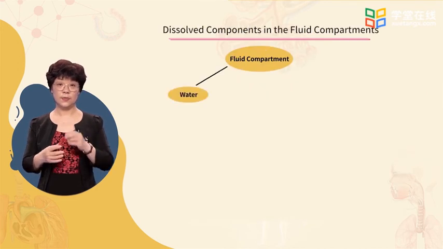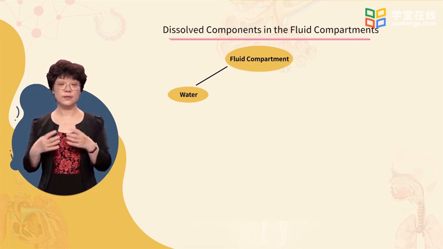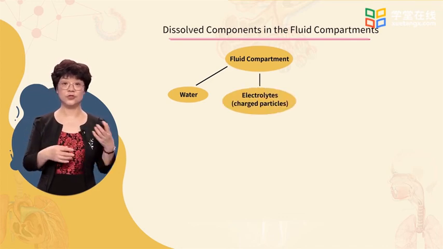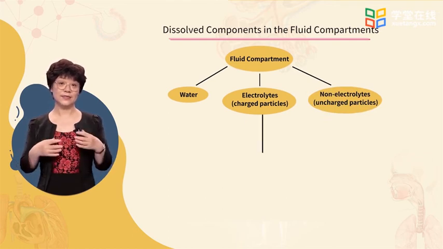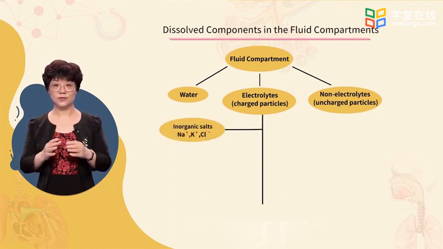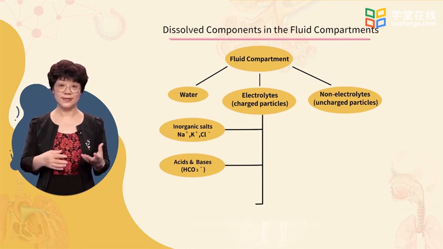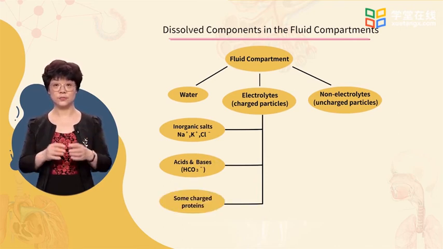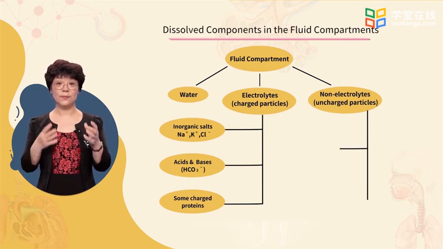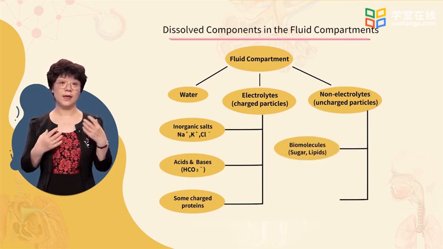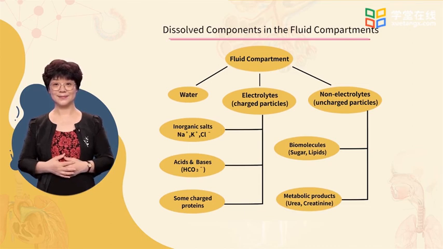Water in each compartment contains solids that can generally be divided into electrolytes and non-electrolytes. Electrolytes may include inorganic salts, acids and bases, and some charged proteins. Non-electrolytes consist of biomolecules and metabolic products.